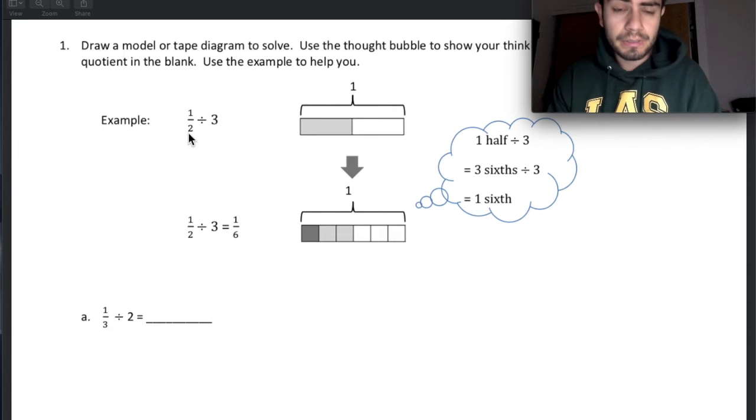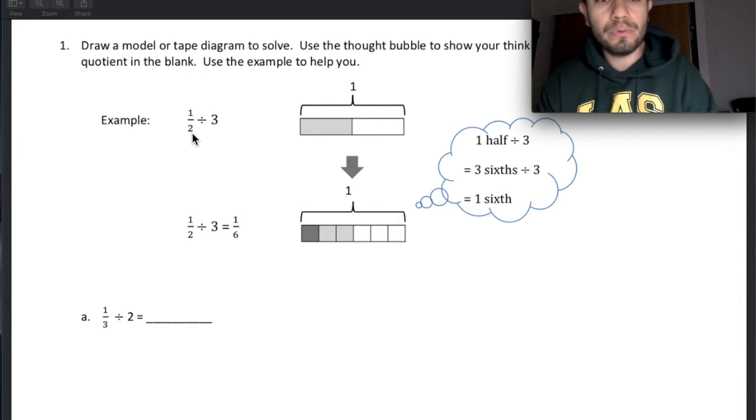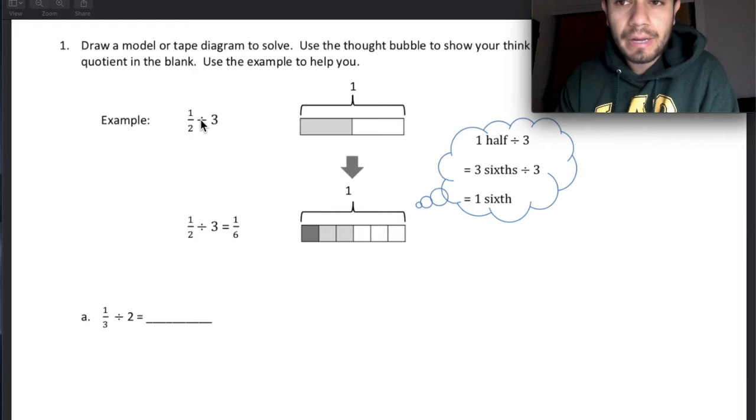Now, in this first example, they showed you how to do 1/2 divided by 3. So here you can tell that they started off with their 1/2, they drew it out in their area model, and then the next step was they took the half and they cut it into 3 pieces.